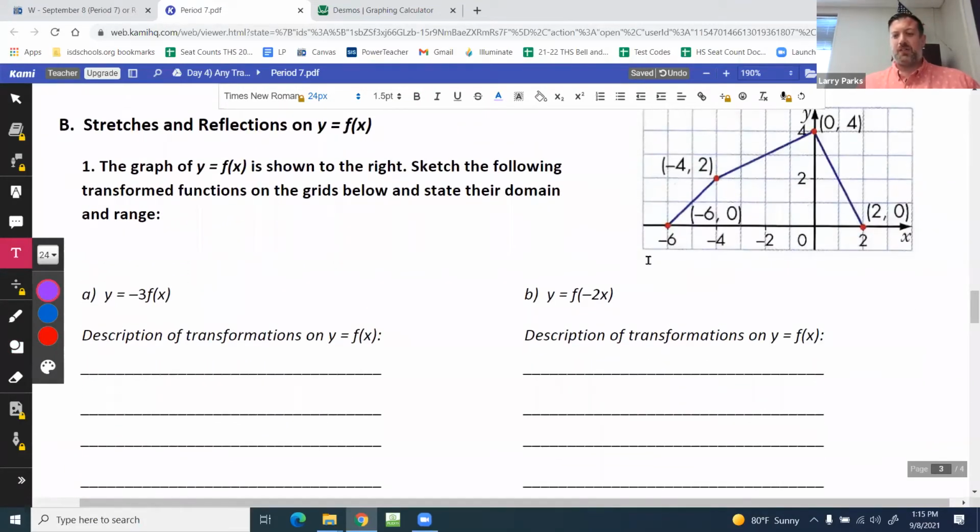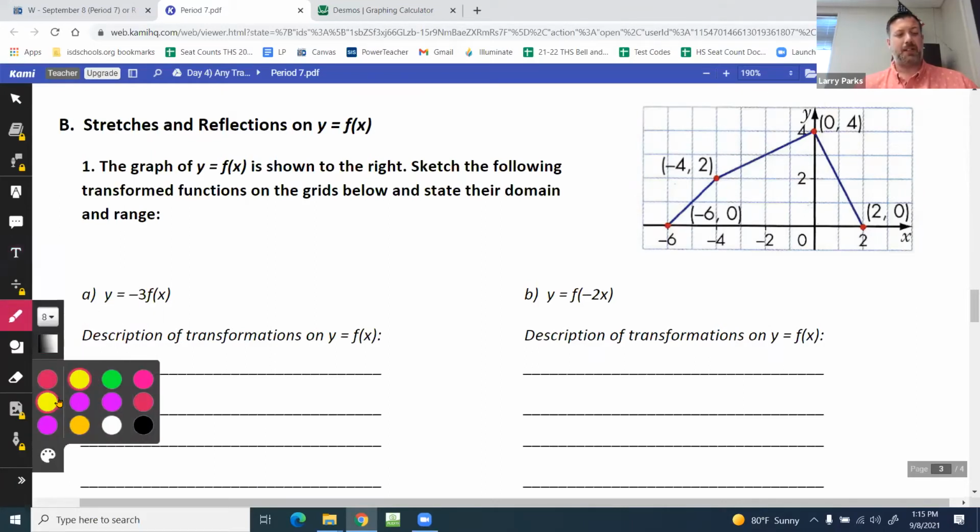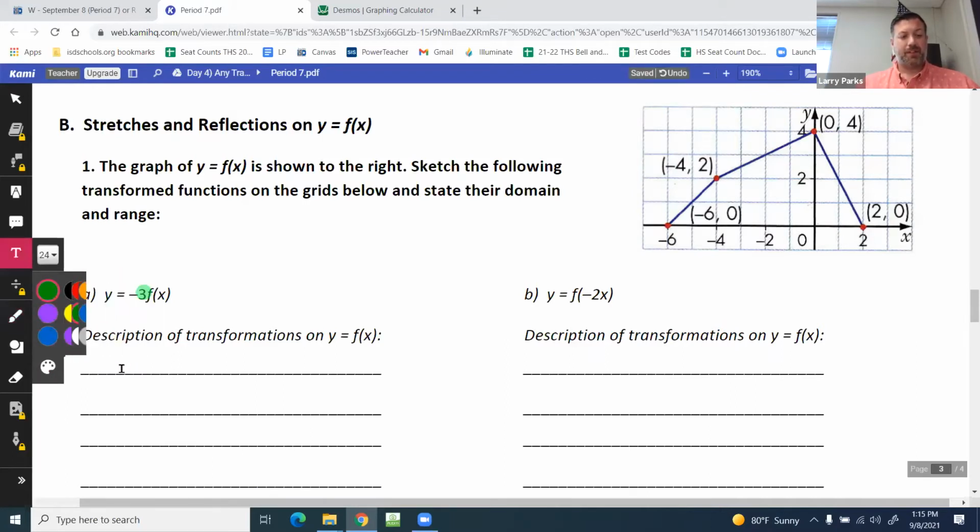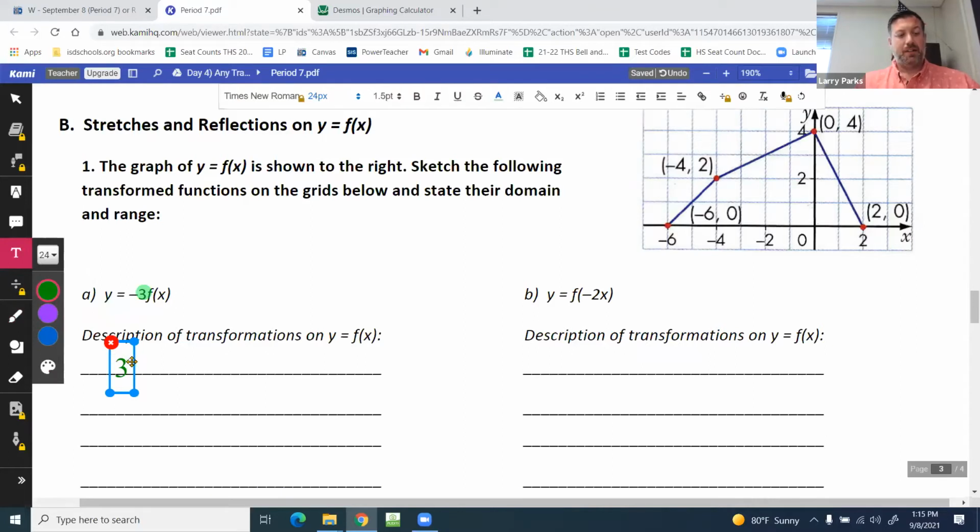Now let's talk about stretches and reflections. So if I have -3 f of x, let's talk about each of these pieces by itself. The 3, so if it's outside in front of f of x, we say stretch or compressed.